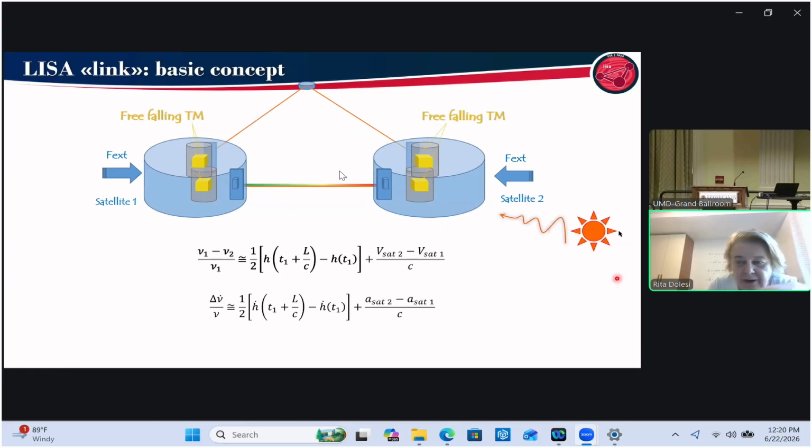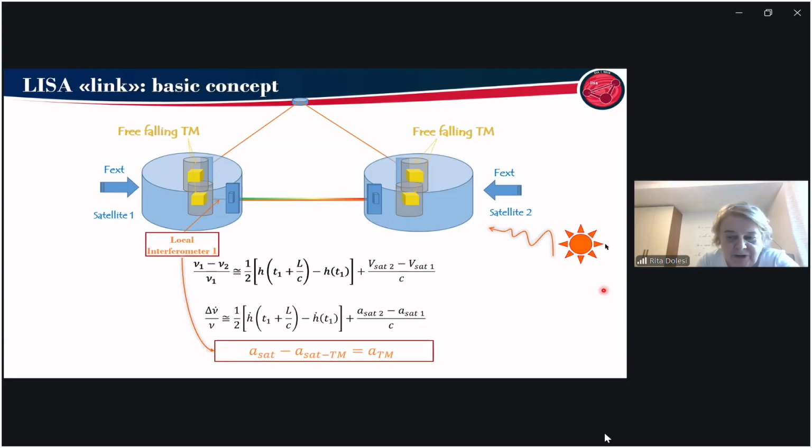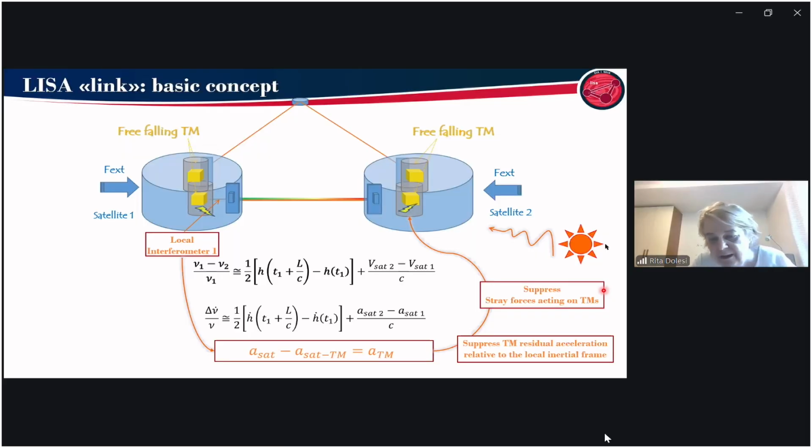For this reason, each satellite hosts nominally free-falling test masses with a much smaller spurious acceleration with respect to the inertial frame. Relative to these test masses, the satellite acceleration along the link direction is measured by means of a local interferometer and subtracted. Then the challenge becomes to suppress this residual acceleration of the test masses by decreasing the stray forces acting on those test masses.